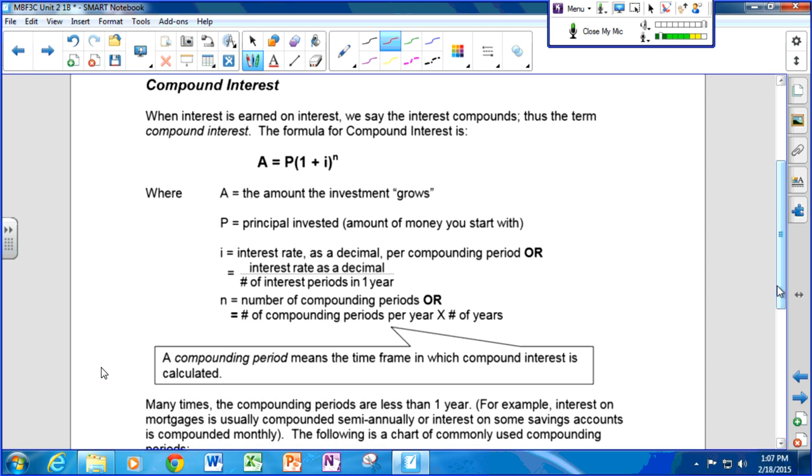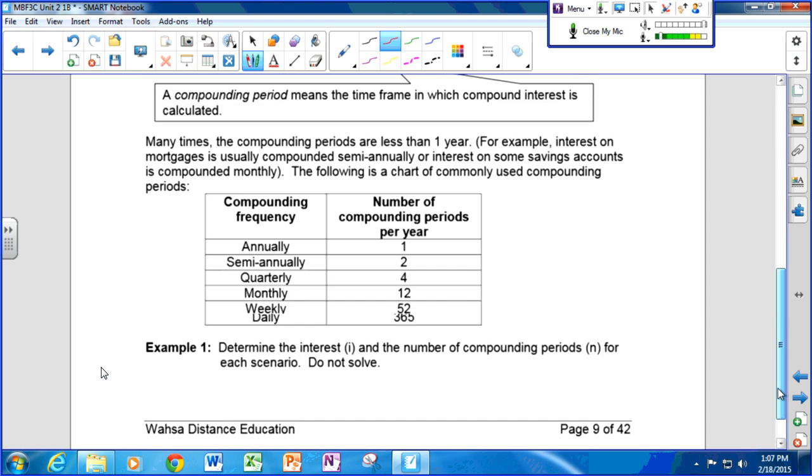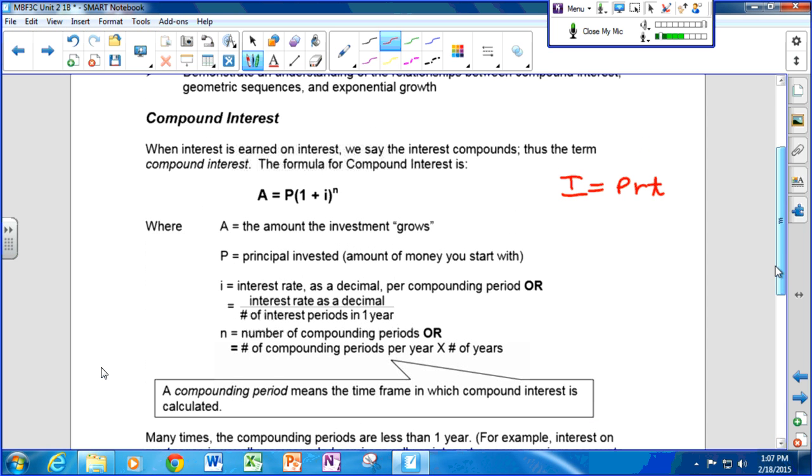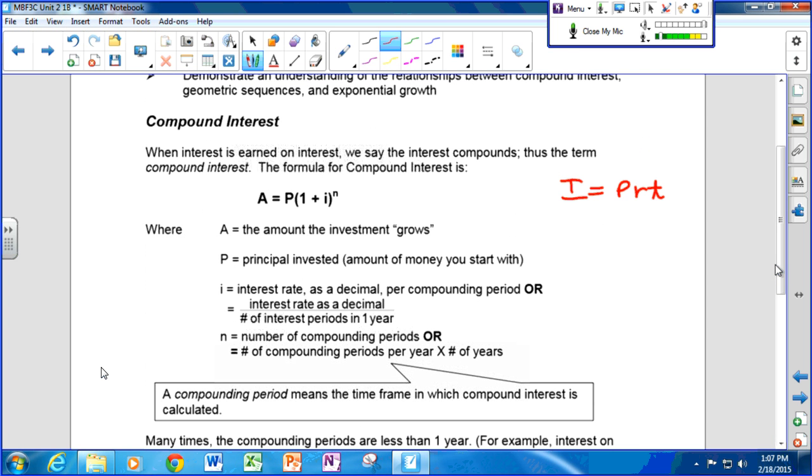For simple interest, it was I equals PRT. Now we're on page 9 of unit 2. Now notice that for simple interest, we're calculating the interest, the I. But for compound interest, we're calculating the A, the amount, which is the principal plus the interest.